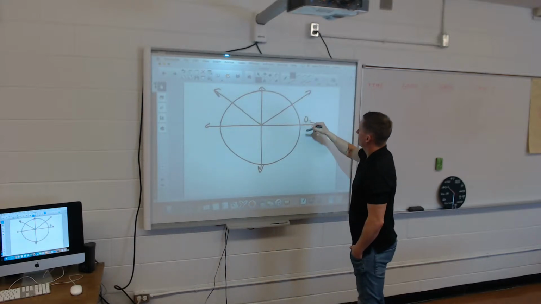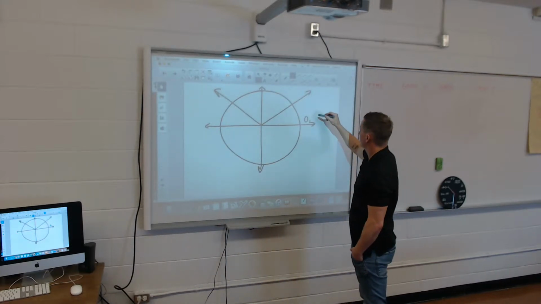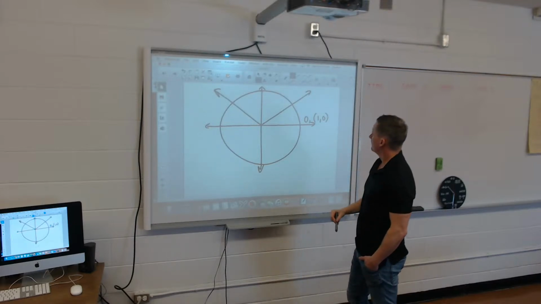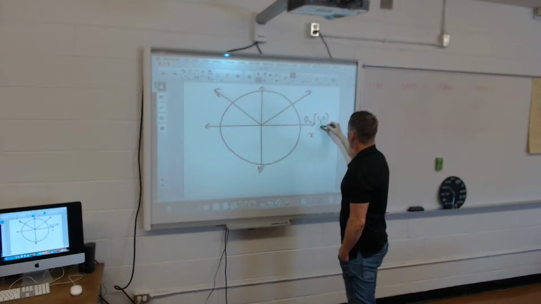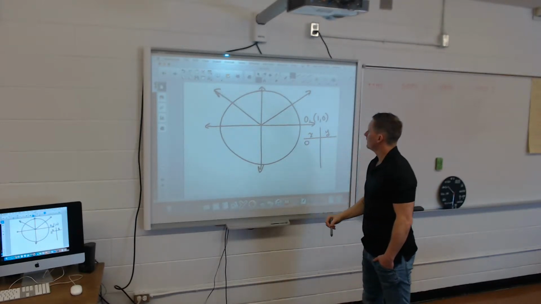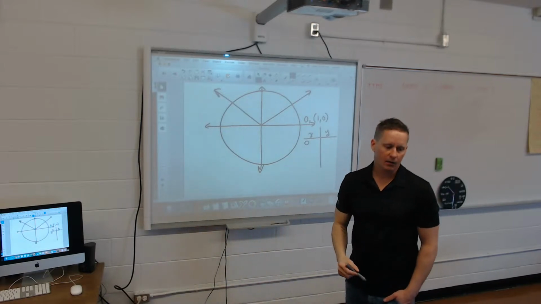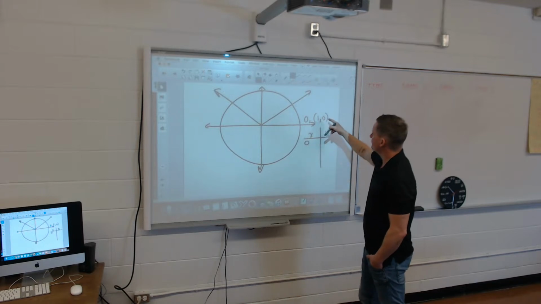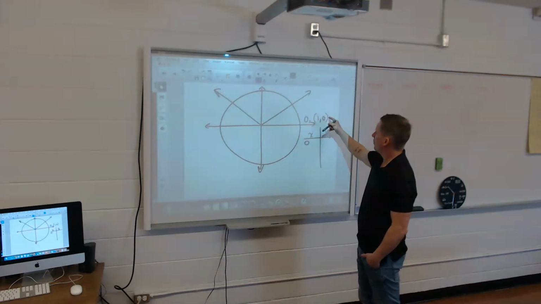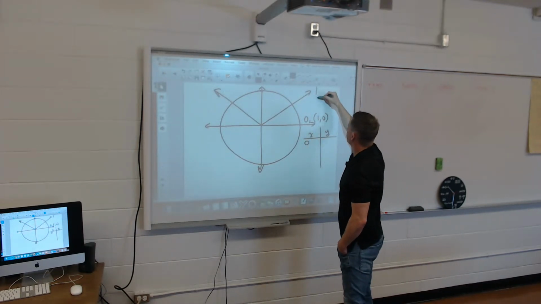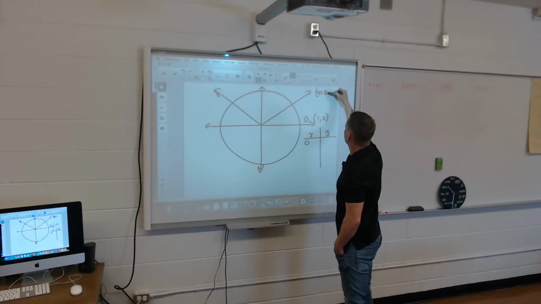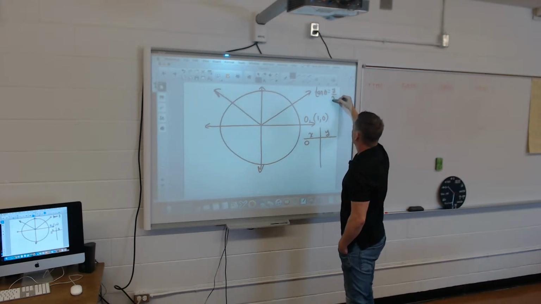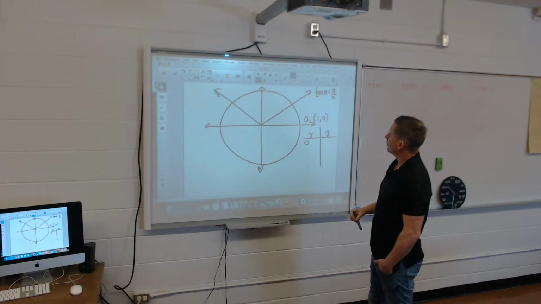Okay, at 0 radians, my cos and my sine are 1 and 0. Okay, my tan value is y over x, all right, because tan is sine over cos or y over x.